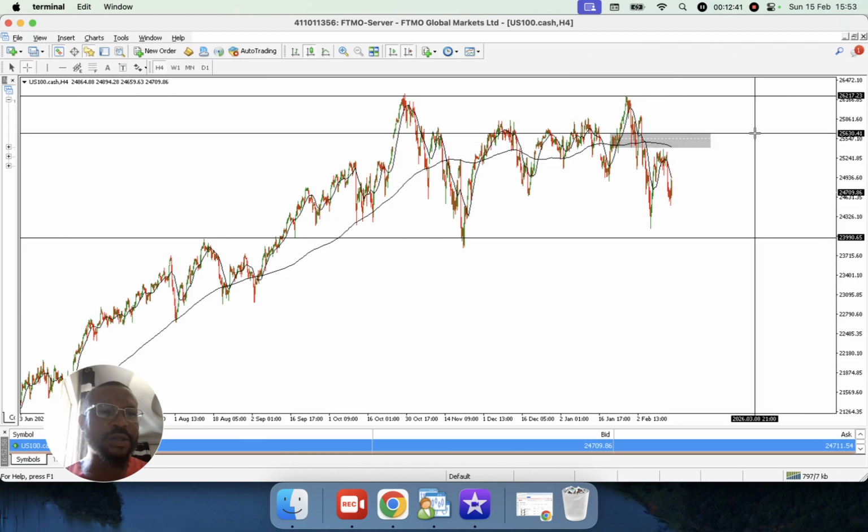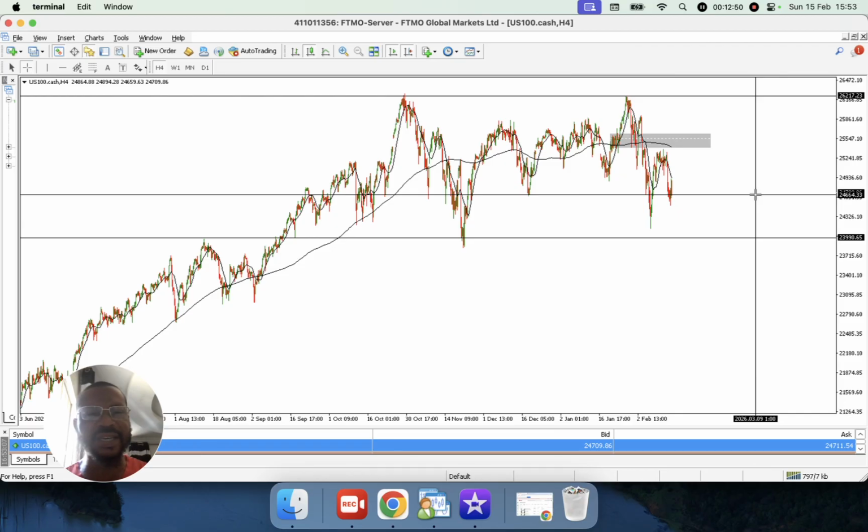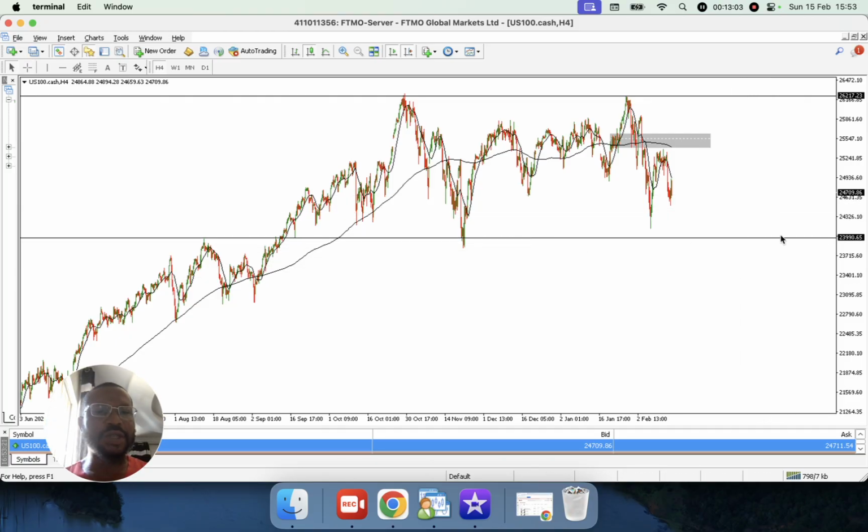Stop loss around 25,630. Then TP1, we are not using TP1 or TP2. This is a ranging market. Just use one position, whatever the market gives you, just take. You're looking at 24,664. Then for the buy entry, we're waiting for price to come down to this demand area at 23,990.